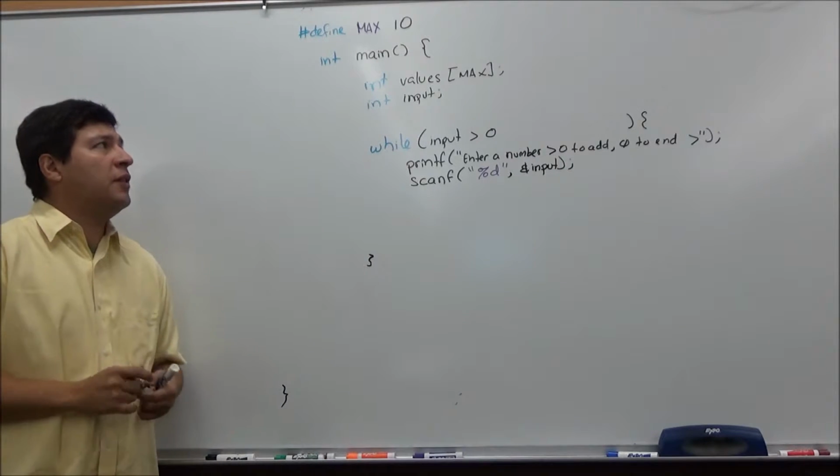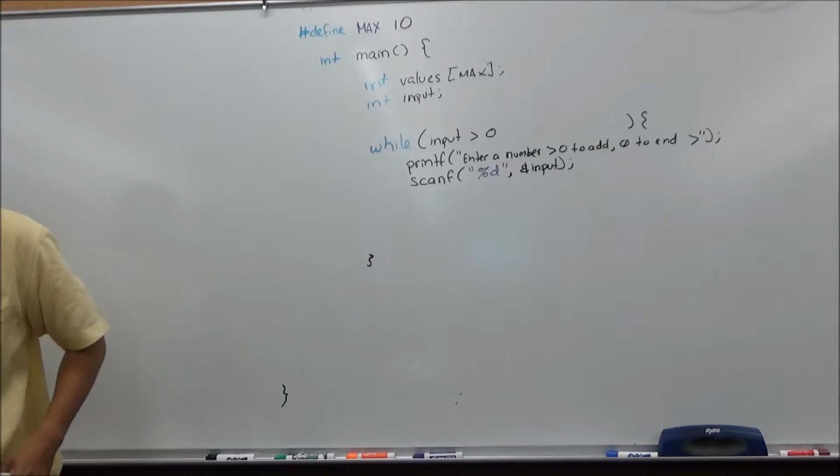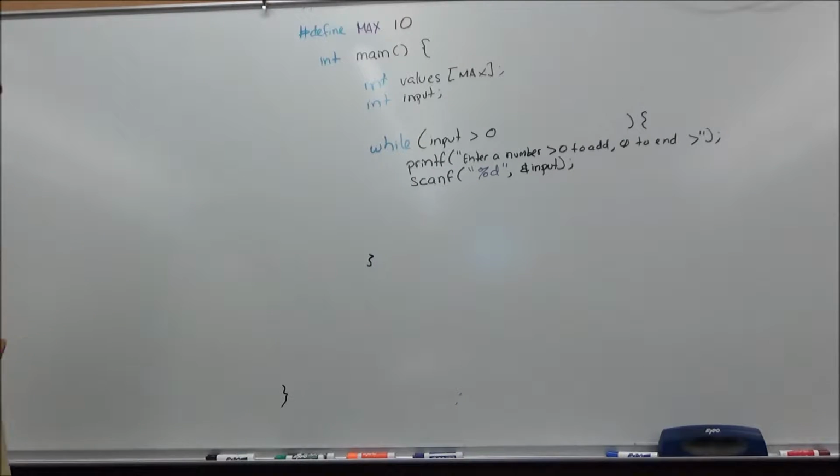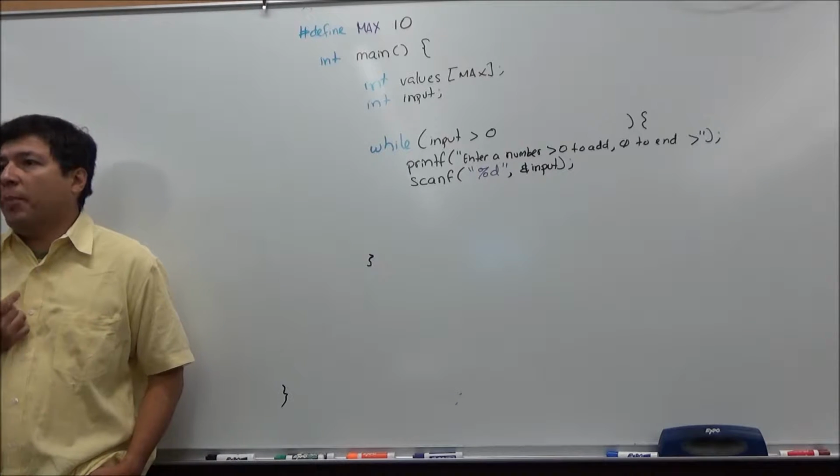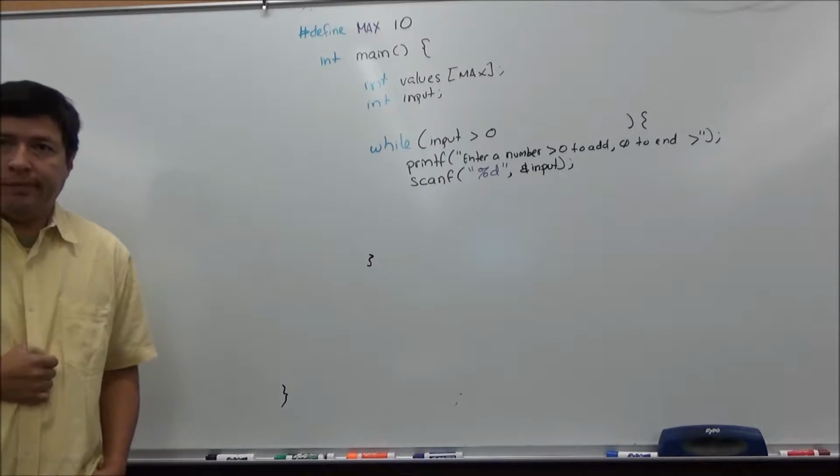I want to store it in this array. Well, if I want to store it in an array, I need to know what position of the array I'm going to store it.